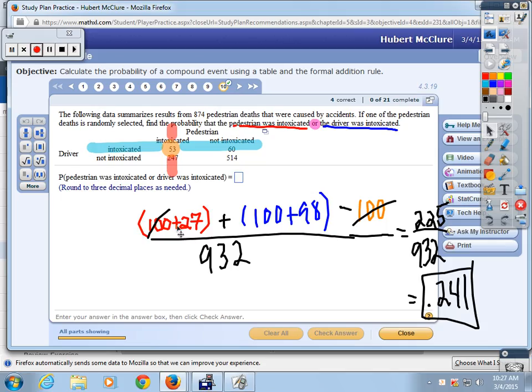All right. The 100 plus 27 was the intoxicated pedestrians. There was 100 here and 27 here. No, it was 227. Yeah. Okay, well then I messed up. I'm sorry.